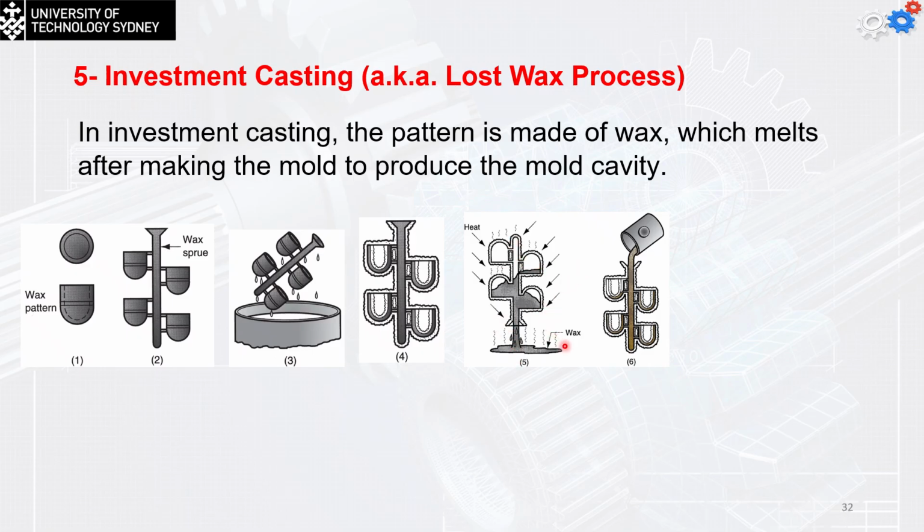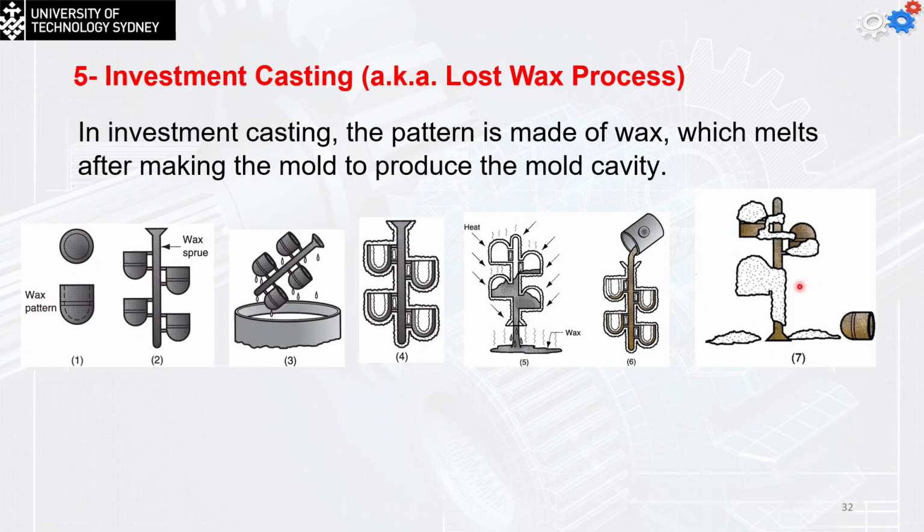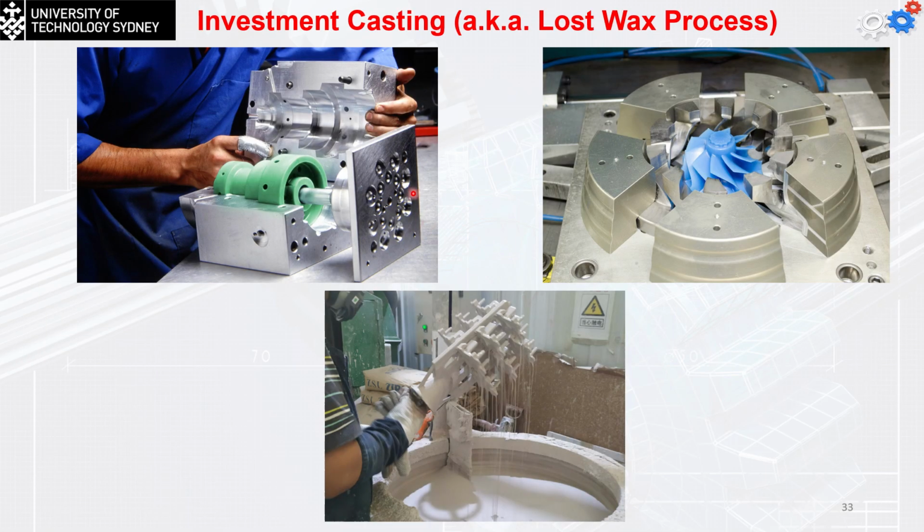Support the shell with sand in the flask, pour the molten metal in, and you will have the parts inside. Breaking up the shell, you will get the parts ready. Take them off the tree, and these will be the individual products. So this is making all the patterns. That's an example of different types of patterns. That's how we dip it in the ceramic.